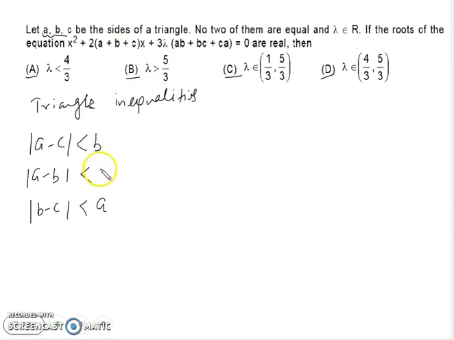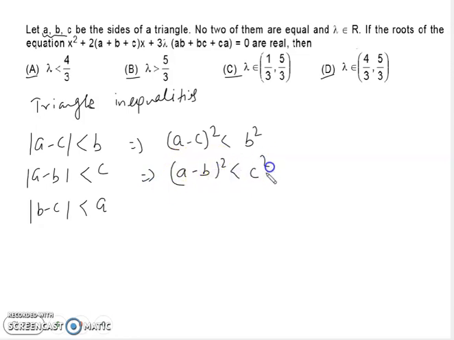Now we can square both sides. So (a − c)² is less than b², (a − b)² is less than c², and (b − c)² is less than a².